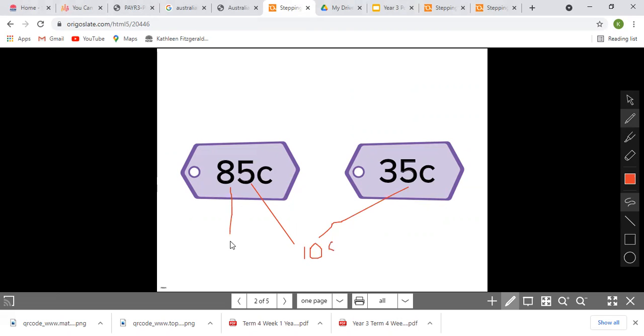Then we would take our 80 cents and our 30 cents, and that would be 8 and 3 is 11, so that would be $1 and 10 cents. We need to add those 2 together. $1.10 plus another 10 cents is going to equal $1.20.